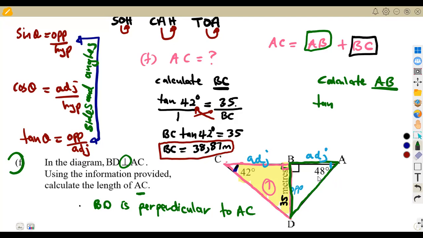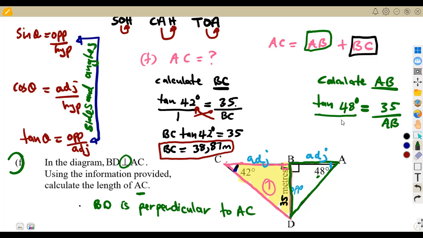The angle this time on triangle ABD is 48 degrees, which is equal to the opposite, the one that we are given, 35, over the adjacent, which is the one we are supposed to calculate, AB.